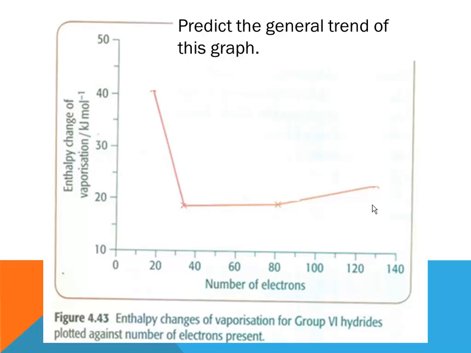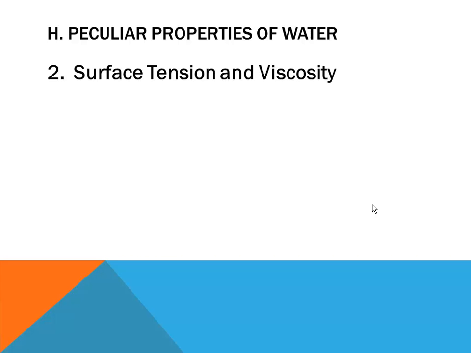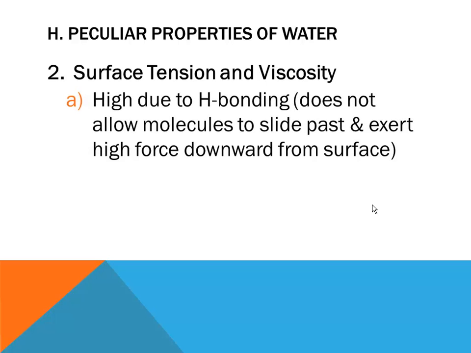So you can see here the vaporization of group 6 hydrides, that'd be oxygen, sulfur, and so forth. Hydrogen and oxygen, water, would have the highest. And this is going to be very similar to the halogens, with sulfur, selenium, and then tellurium.